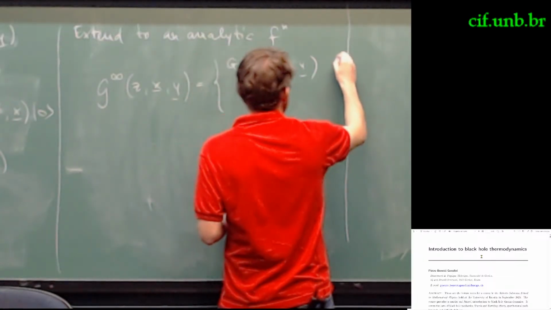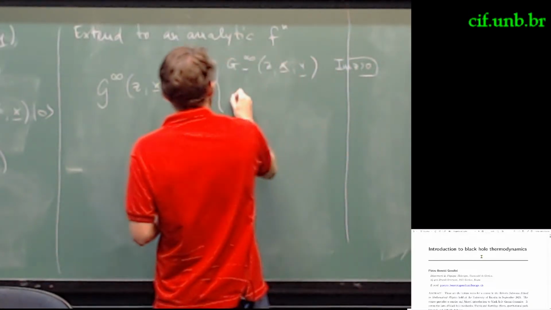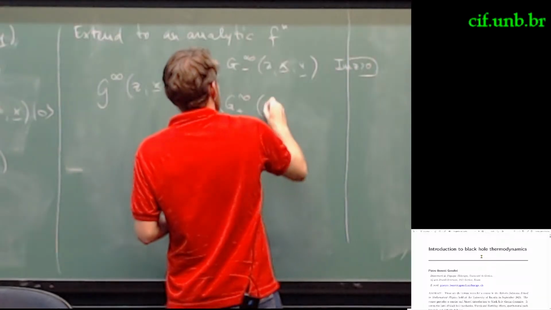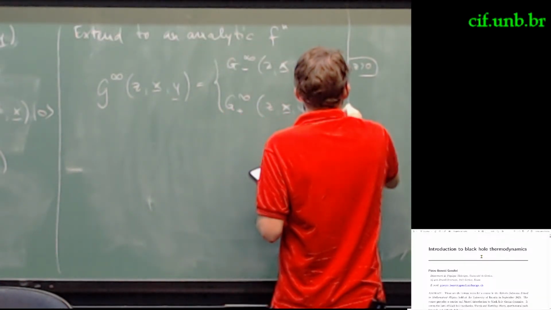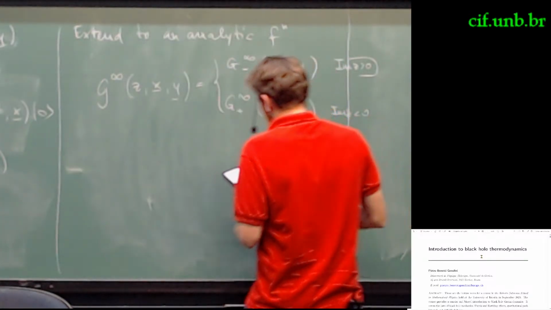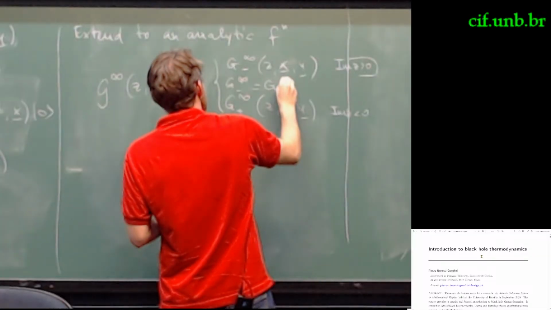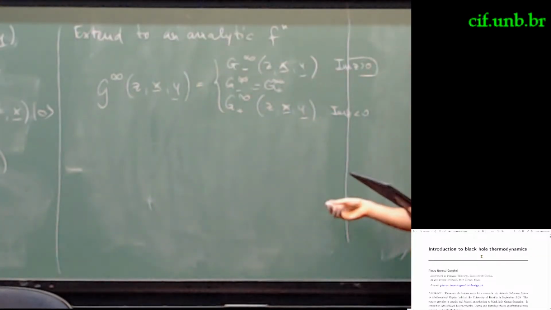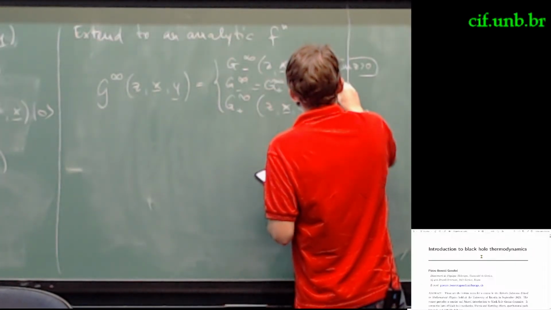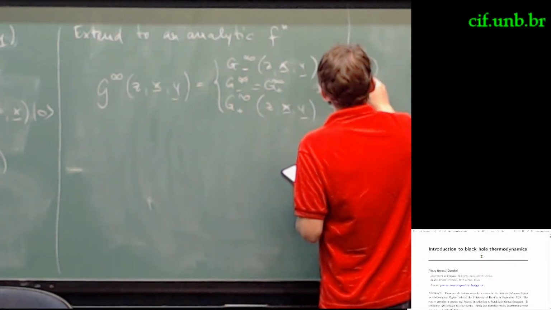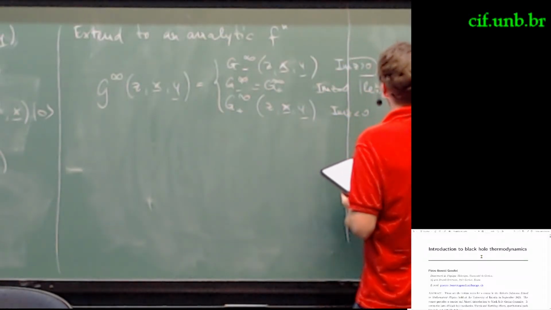that is G minus for positive imaginary Z, and G plus for negative imaginary Z, and they are the same when imaginary Z is vanishing but real Z is less than x minus y.